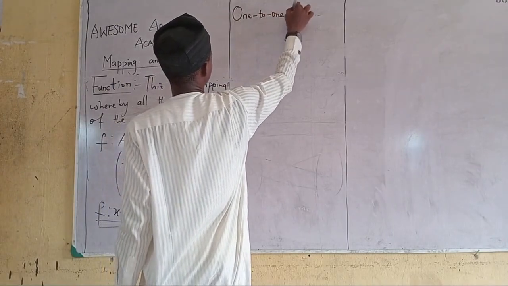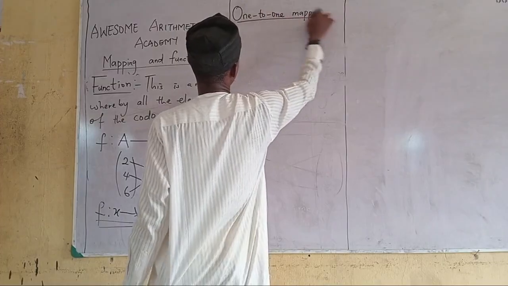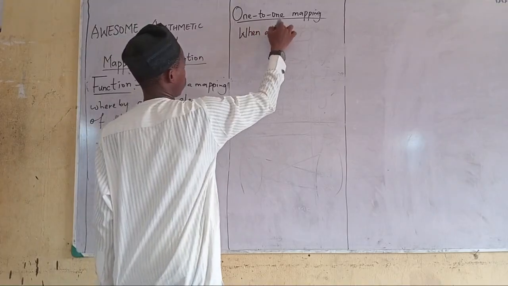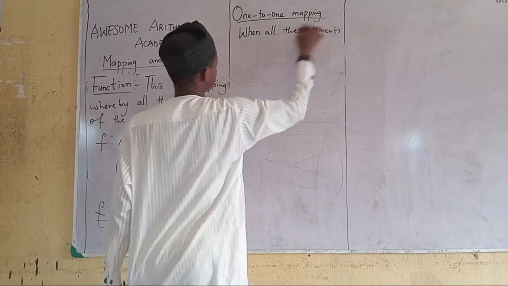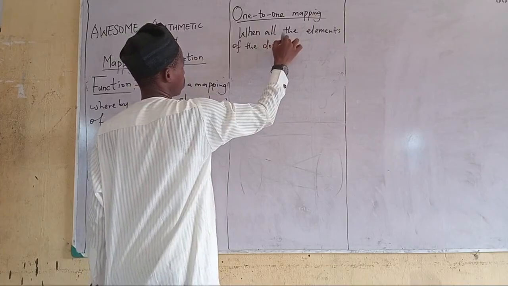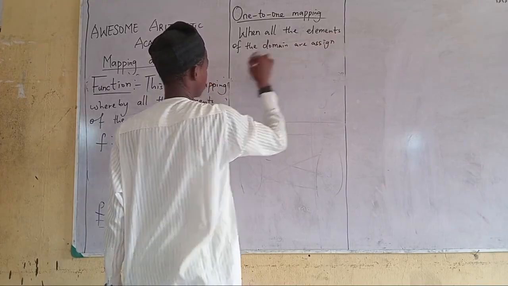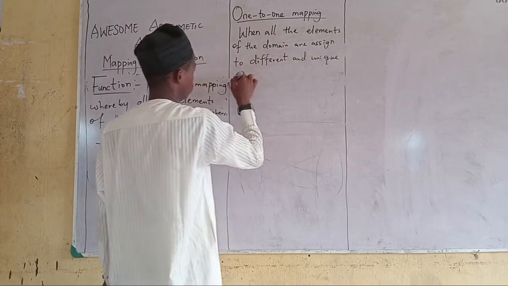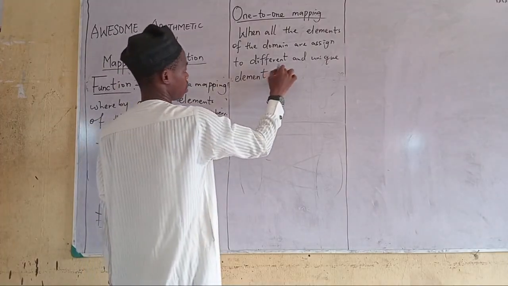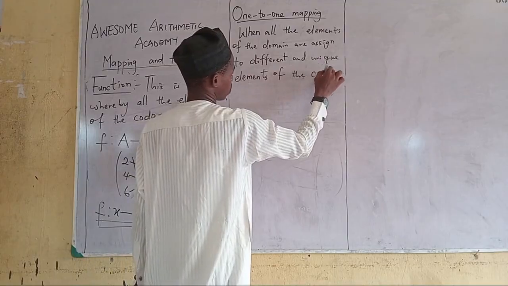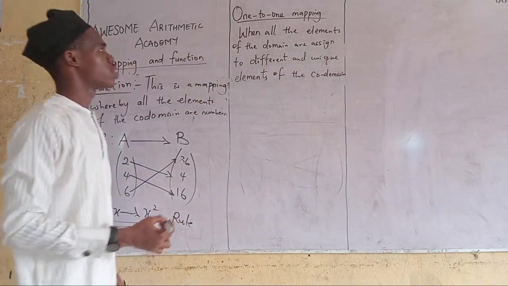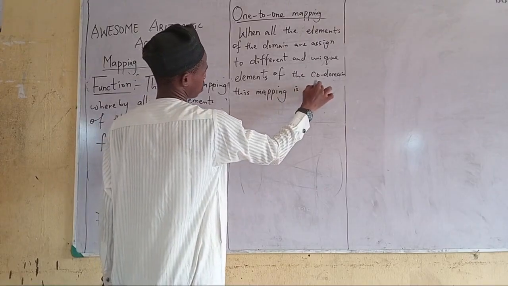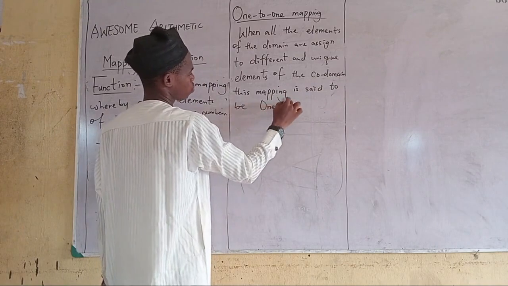So what do you say about one-to-one is that when all the elements of the domain are assigned to different and unique elements of the codomain, this mapping is said to be one-to-one.